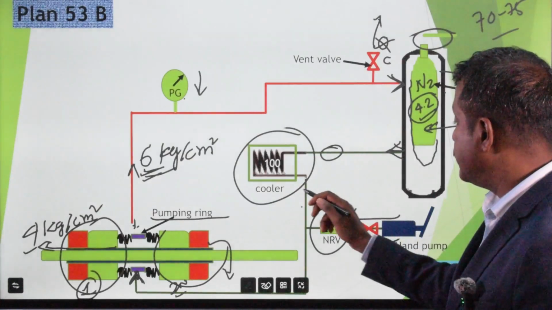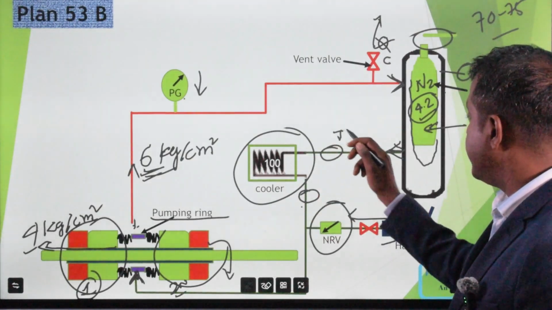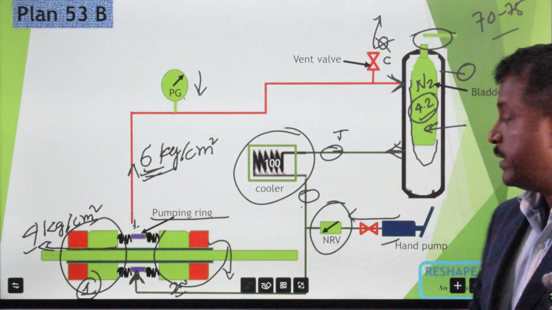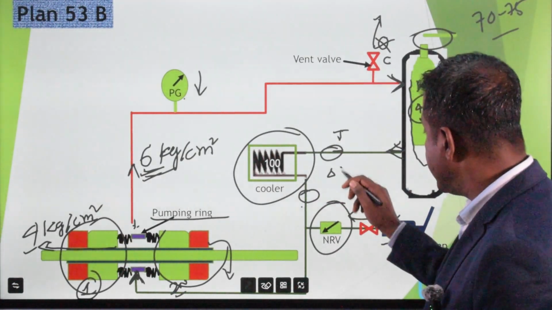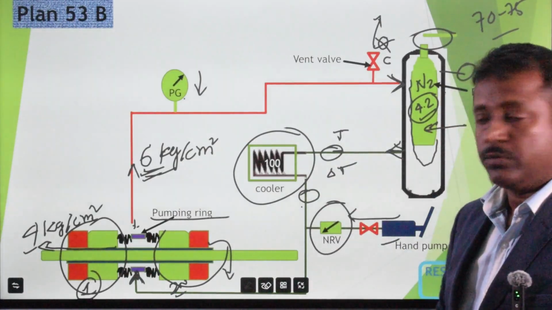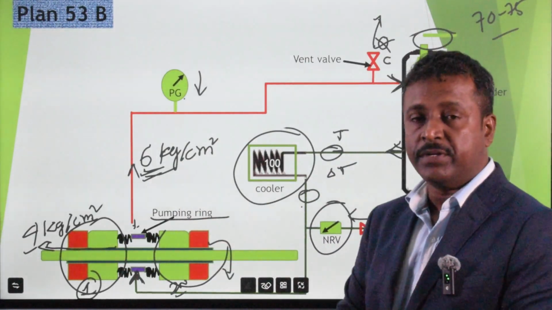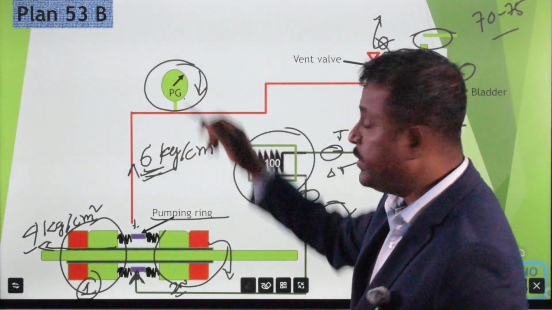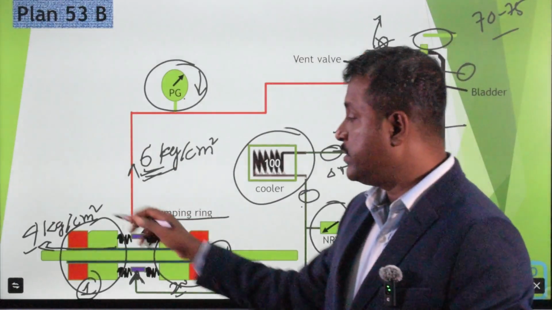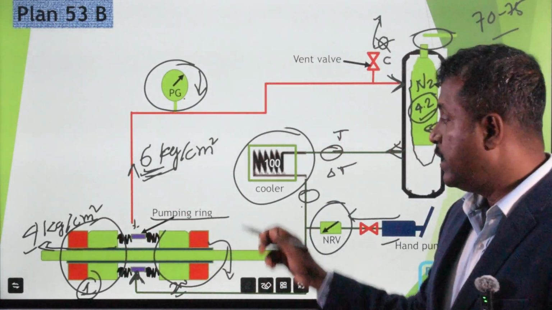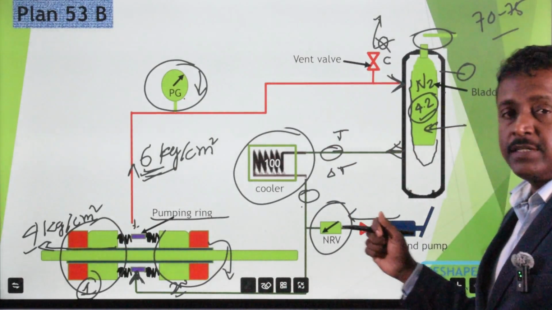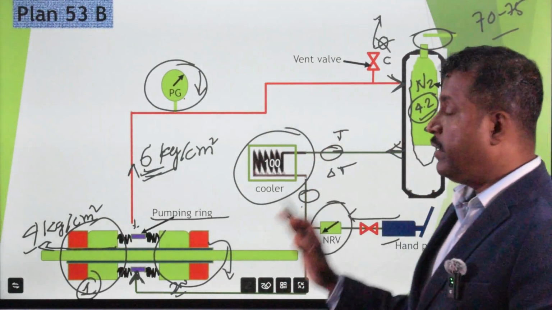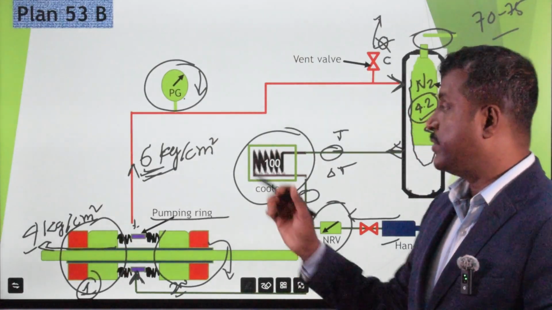During a walkthrough, we have to monitor the inlet temperature and outlet temperature of the cooler. If we don't find any delta T, that means the cooler is choked, and we have to take the pump for maintenance. If we find the PG reading less than 6 kg, that means the barrier liquid pressure is low, and we have to pressurize the system again with this hand pump. So these are the common failure modes of 53B.